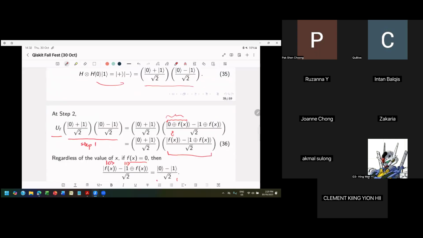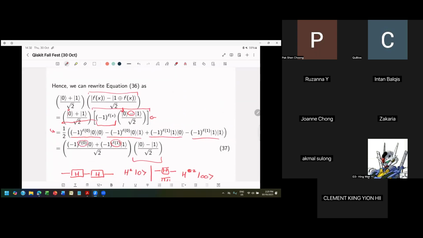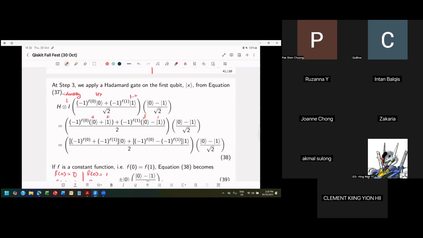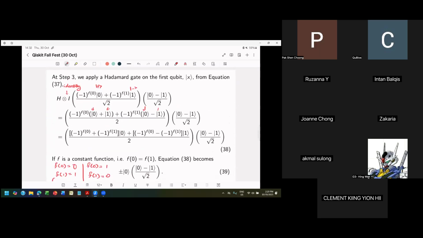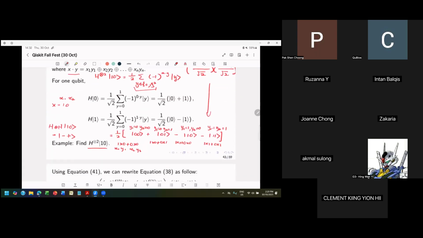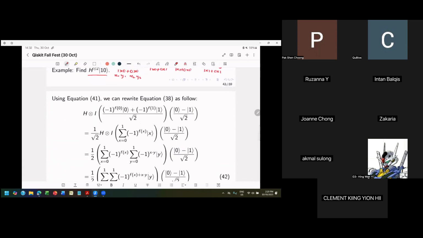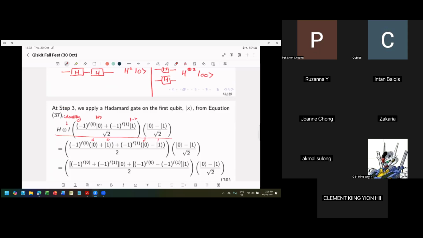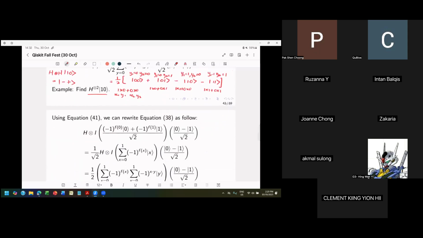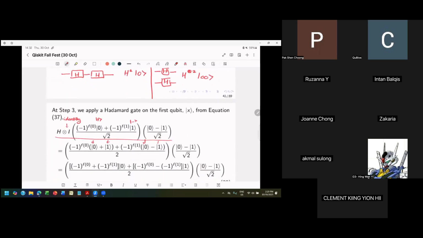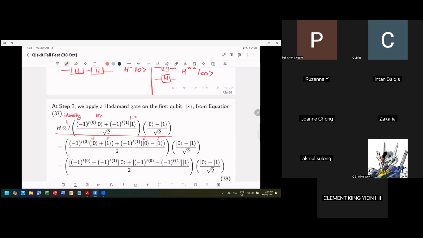I think it's between the end of step 2 and before step 3. Let me check. Yeah, it's over here. So this equation is exactly coming from here when we begin our step 3.